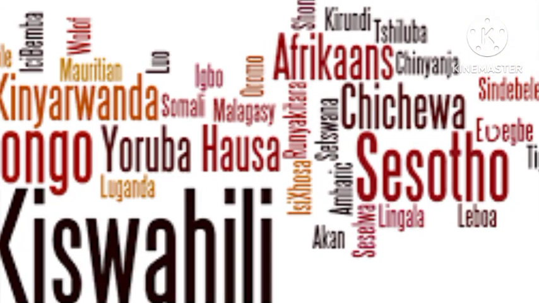Another language is the Oromo language. The Oromo language is widely spoken in Ethiopia and parts of Kenya, Somalia, and as well in Egypt. There is also the Yoruba language, which is widely spoken in parts of Nigeria, Benin Republic, and Togo Republic.